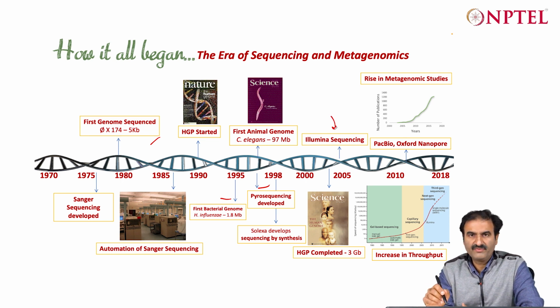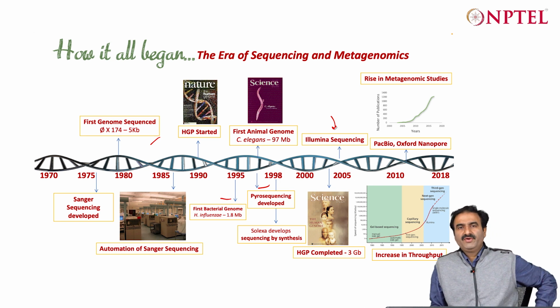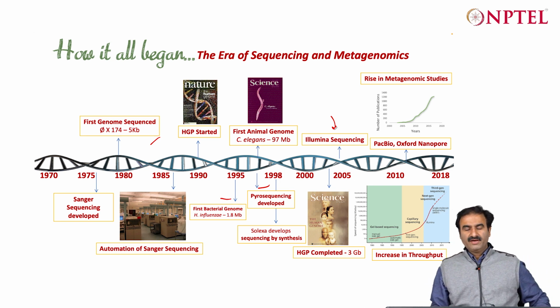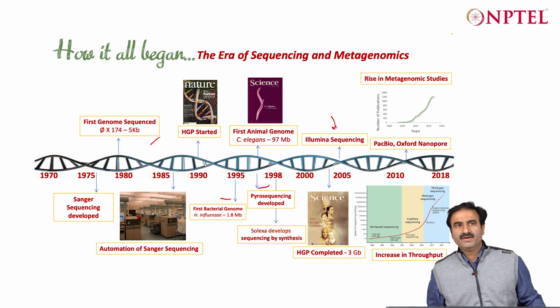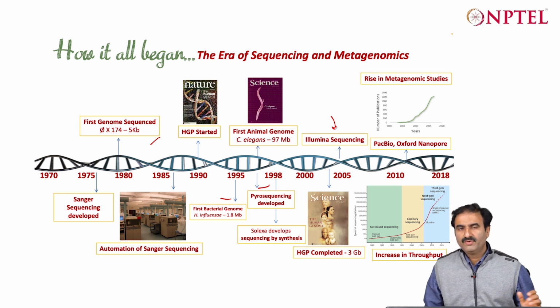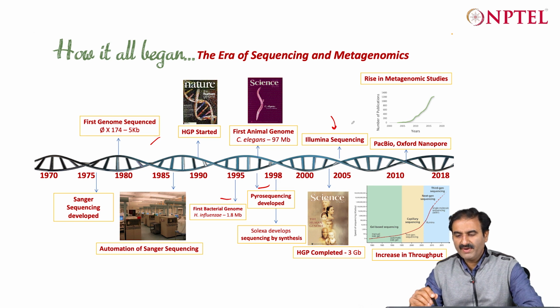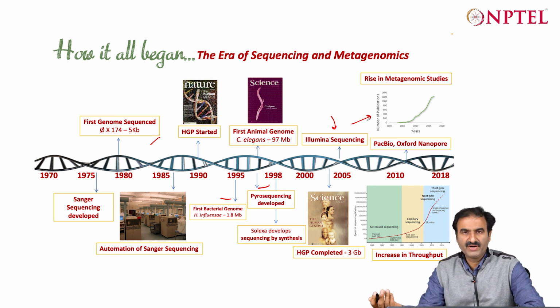Then the era of Illumina sequencing came, which is short read sequencing, with high identity, less error and more reliable, high quality sequence, which led to a rapid rise in metagenomic studies over a period of time. And now people are also using long read sequencing technologies to sequence metagenomes.